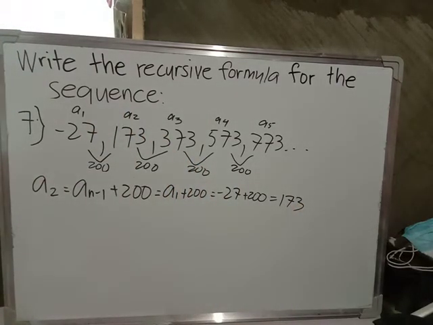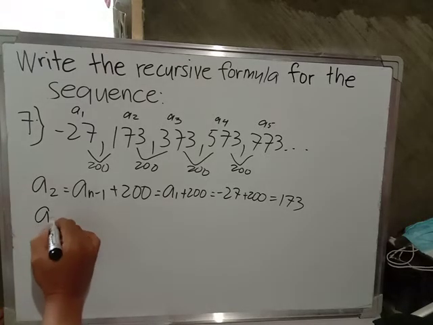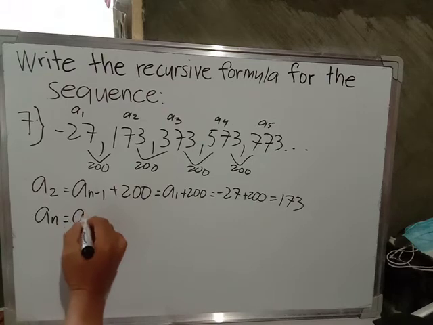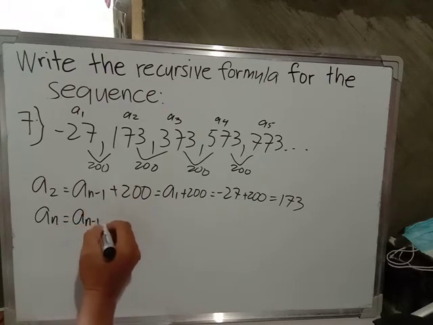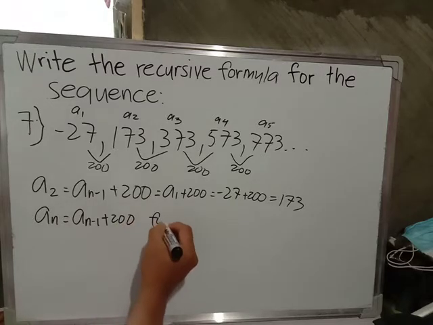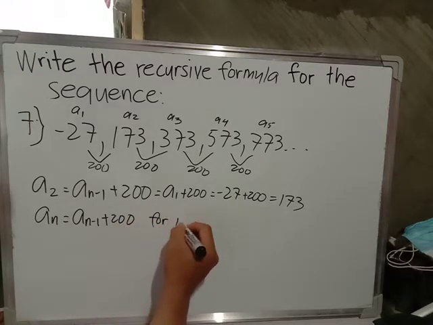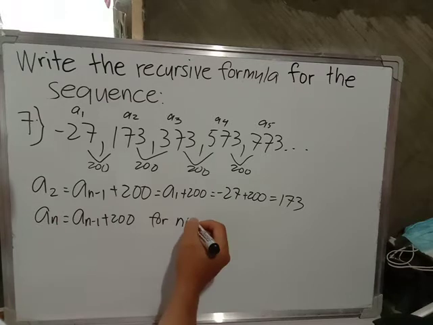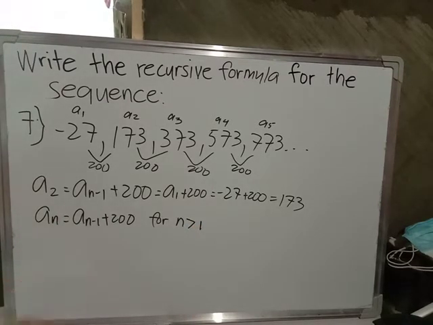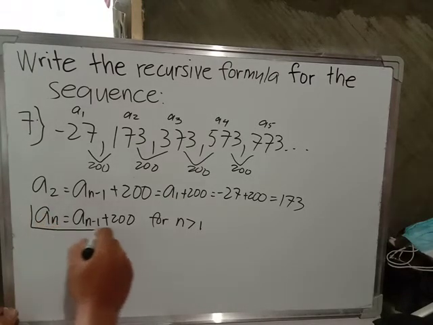So, ang formula natin, magiging a_n, kung ano yung a na hinahanap natin, it should be a_n minus 1 plus 200. For n, may condition kasi recursive natin. For n must be greater than 1. Kasi hindi siya pwede mag-1. Yun nga sinasabi ko palagi. So, ito po ang recursive formula.